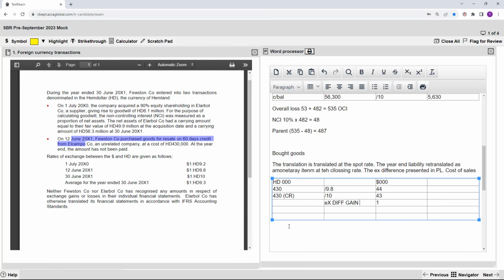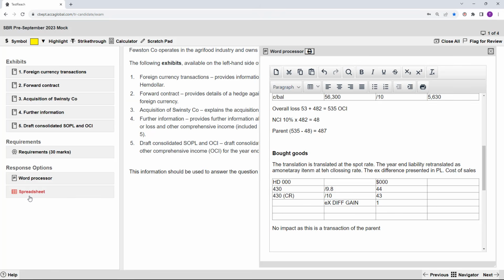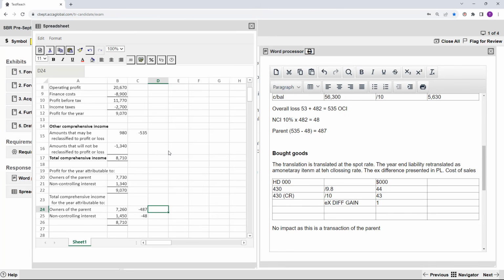And there is no impact on the NCI as this is a transaction of the parent. So I'm taking that exchange gain of 1, I'm taking it at cost of sales, I'm putting it in there straight away. So here I go, pre-populated spreadsheet.